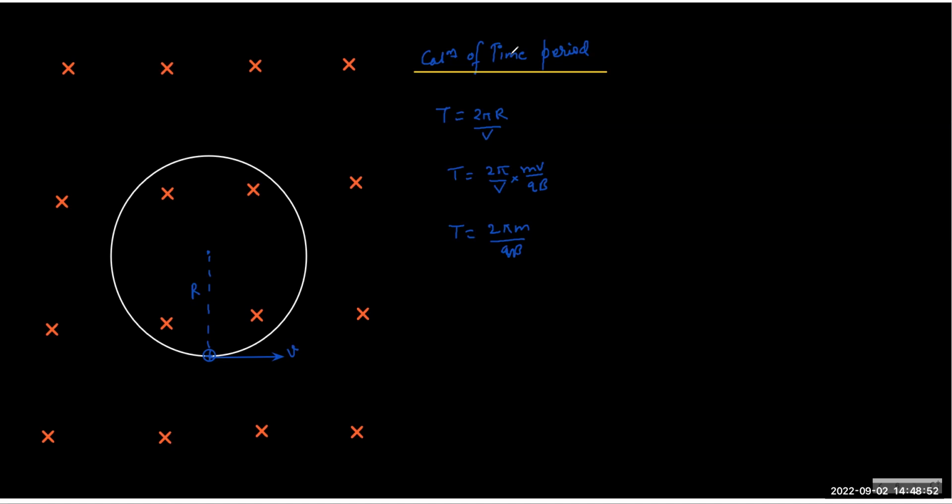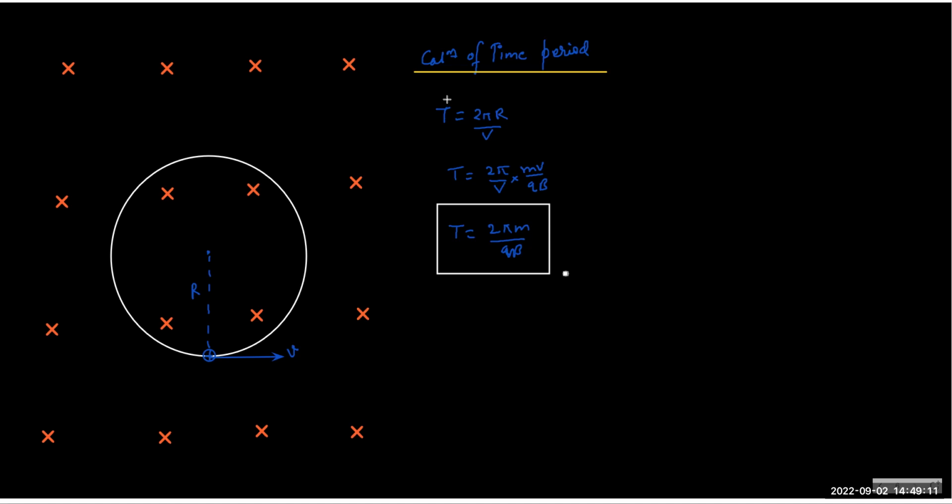And what you can realize is that the time period has nothing to do with the what? The velocity. Which means the bigger the velocity, the bigger the radius, and the time will be the same. Small velocity, small radius, same time.